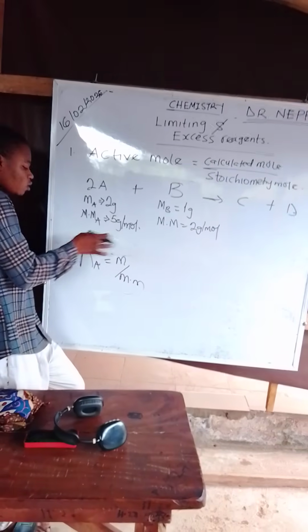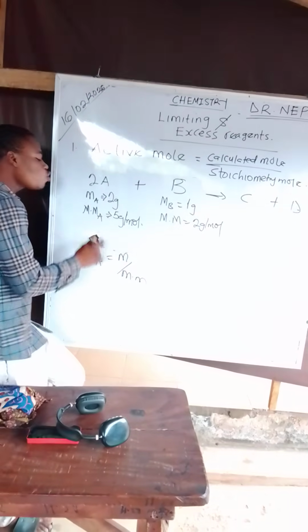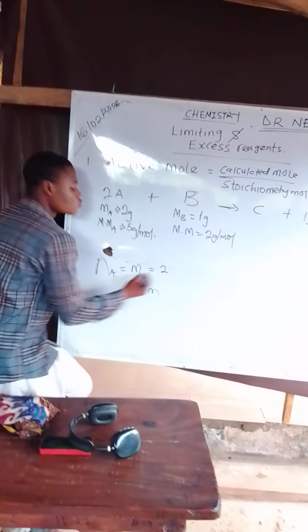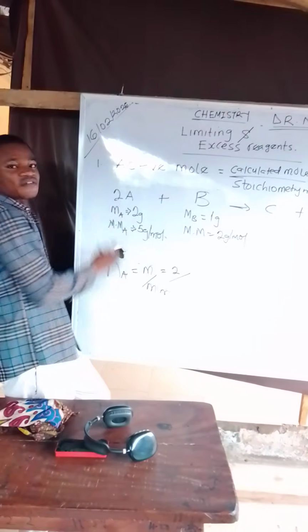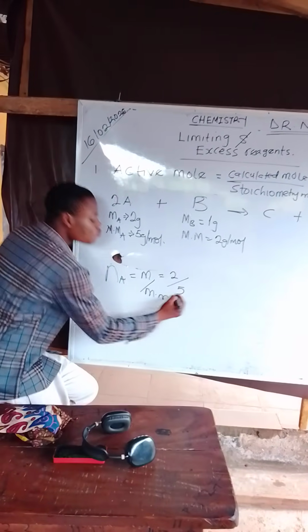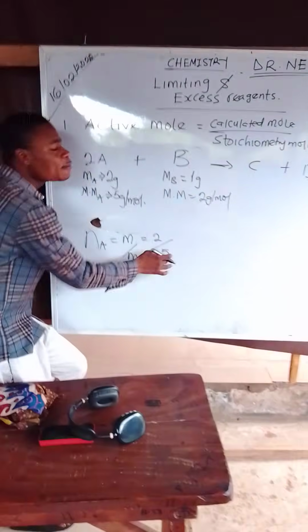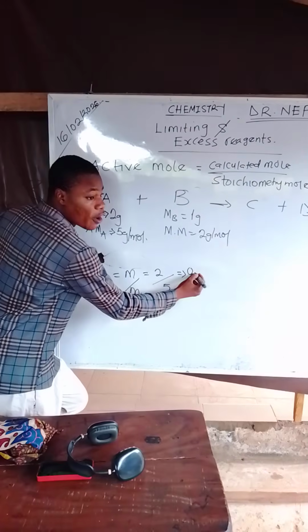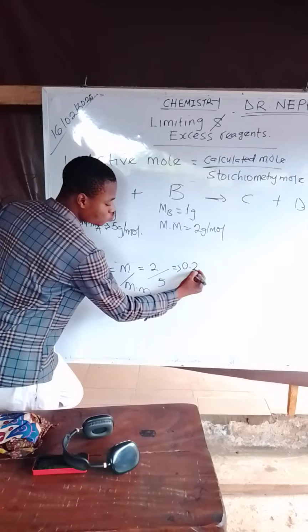Number of moles of A equals the mass of A over the molar mass of A. The mass of A given in the question is 2, divided by the molar mass of A, which is 5. Is that okay? So 2 divided by 5 will give me 0.4.